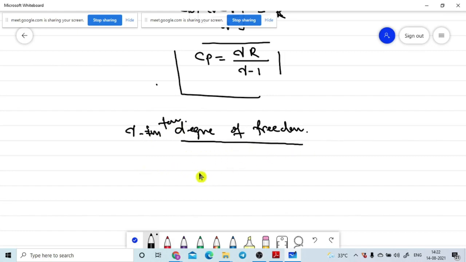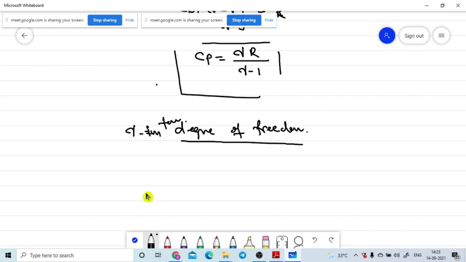You don't know what is meant by degree of freedom. Did you get any degree of freedom concept up to now? No, sir. So let me introduce a very small concept. The degree of freedom is nothing but how many quantities are required to explain the system.